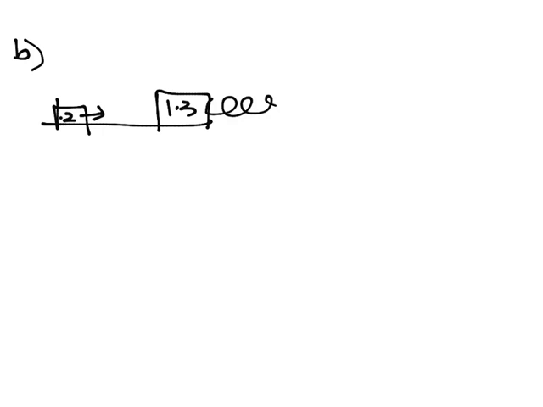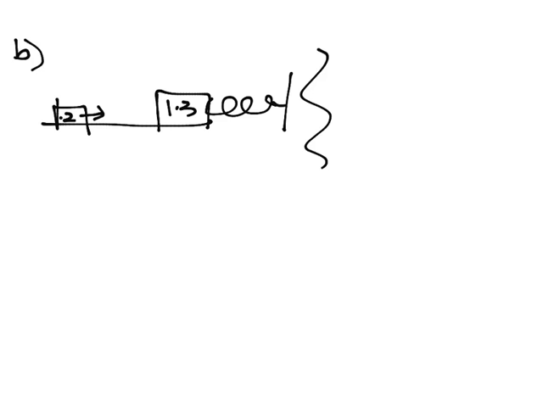Part B wants us to calculate the momentum after the impact. So my before picture, I have the 1.3 kilograms and it's just sitting there, and the 0.2 is moving towards it with a certain speed.